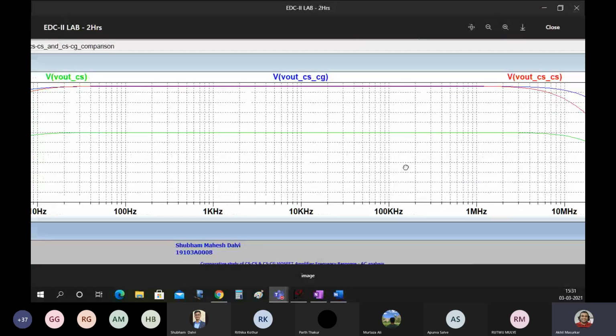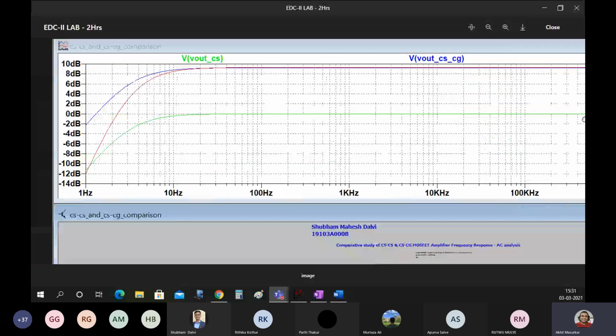Yes, this is correct. Now, Shubham, go for the transient analysis.